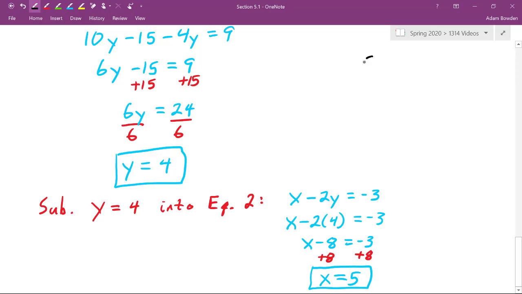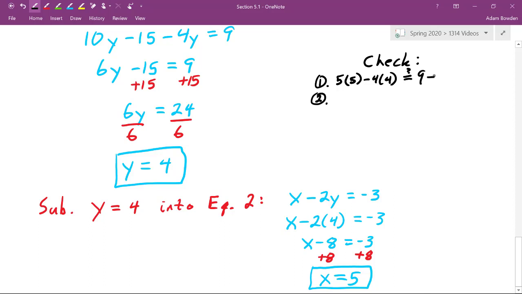But just to be safe, let's go ahead and check. To check, we're going to plug in the numbers for both x and y in both equations up above. We're going to plug them into equation 1, and into equation 2. Plugging into equation 1, we'd have 5 times 5 minus 4 times 4, and we're checking to see, is that equal to 9?